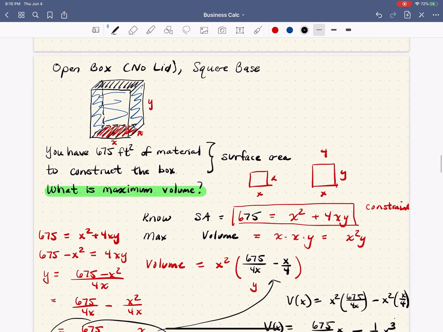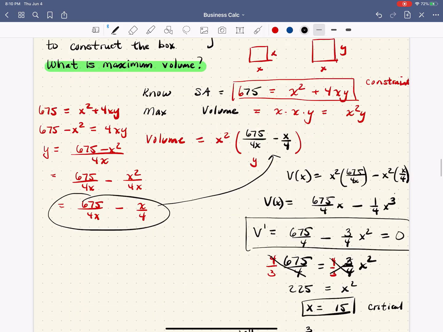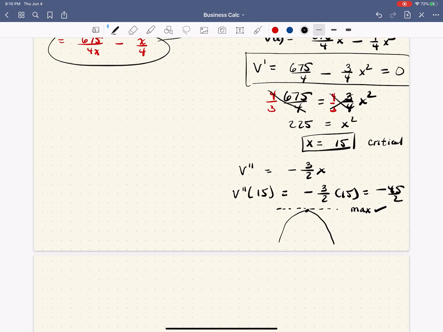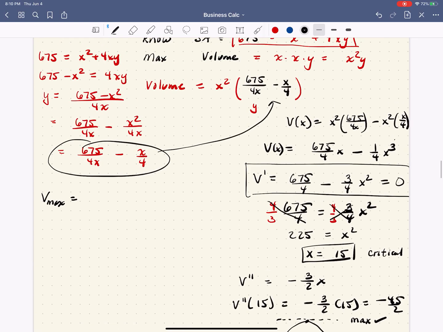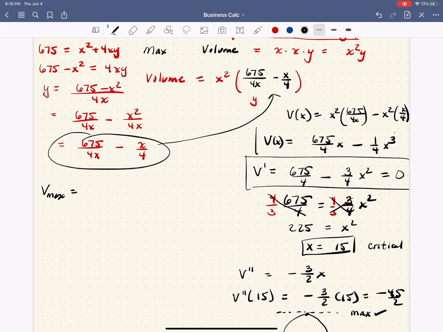The original question was, what is the maximum volume? Well, we know that the maximum occurs at 15, so we'll call it V max is equal to, well, what was our volume function? The volume function was this one here, so it looks like 675 over 4 times 15 minus 1/4 times 15 to the third.